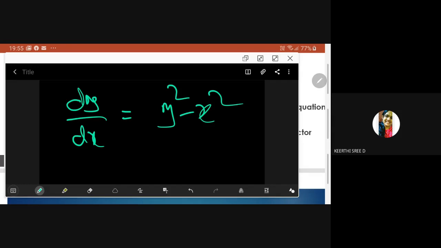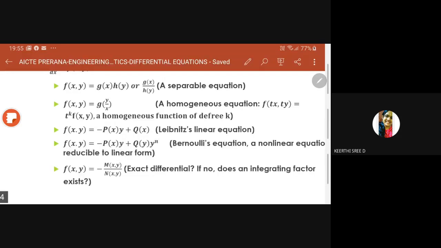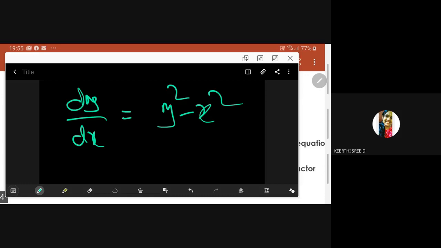This is not a separable equation. It is clear. This is not a homogeneous equation. That is also clear. This is not a homogeneous equation. And can this be viewed as a Leibniz equation?